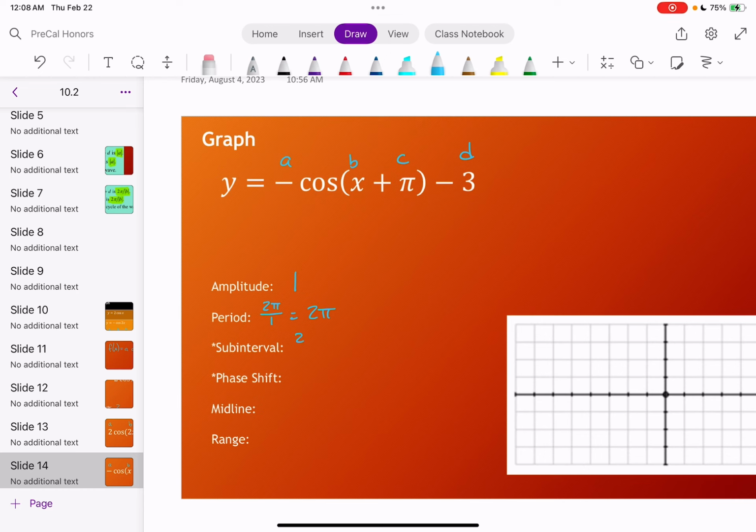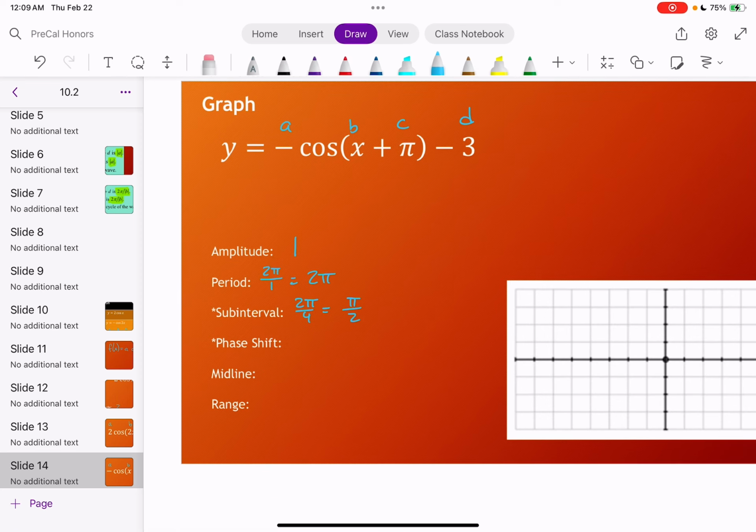Our subinterval is 2 pi over 4 or pi over 2. Our phase shift would be a -pi over 1 or -pi. Keep in mind, we want our phase shift and our subinterval to have the same denominator. In order to do that, we would write the -pi as a -2 pi over 2.